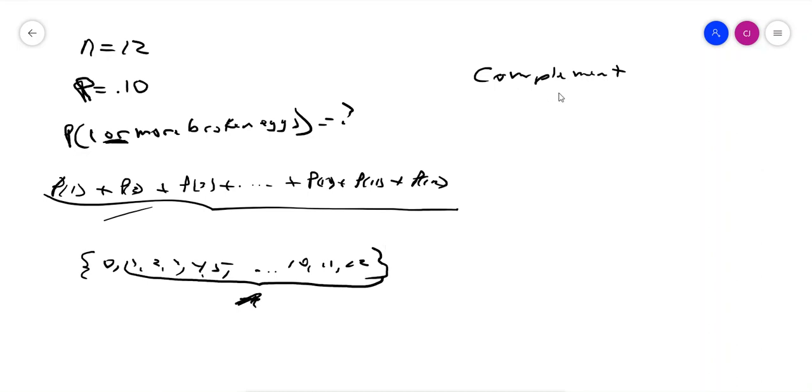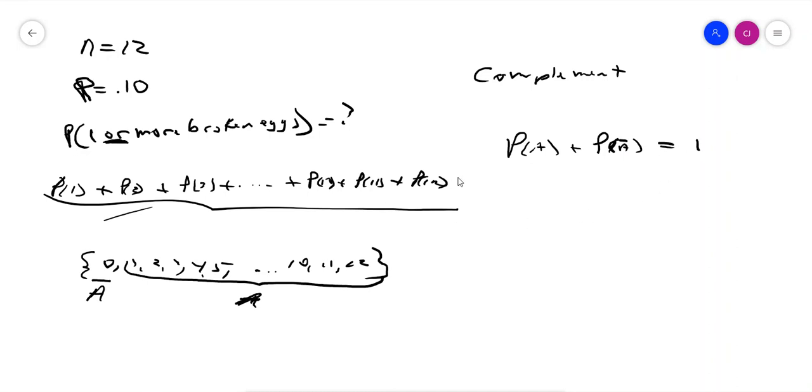The complement of an event is what's left over from what you're looking for. So if that's A, then this right here becomes not A, or the complement of A. 0. Okay, well, how does that help us? Well, the probability of A plus the probability of not A, or its complement, is equal to 1.